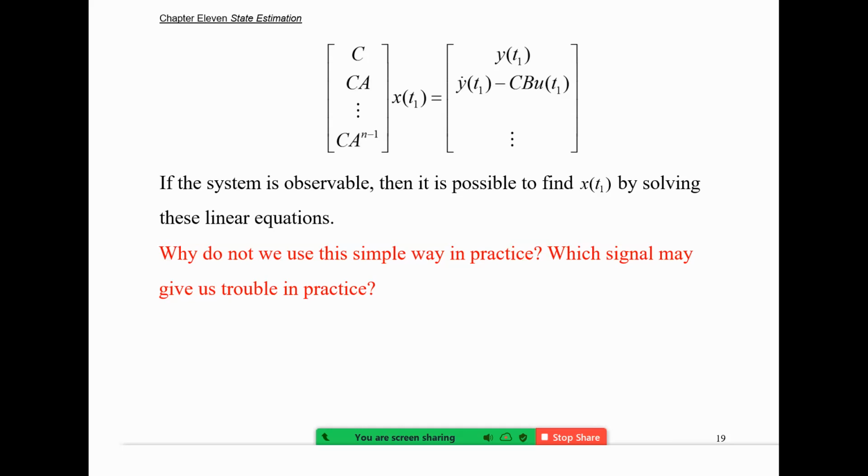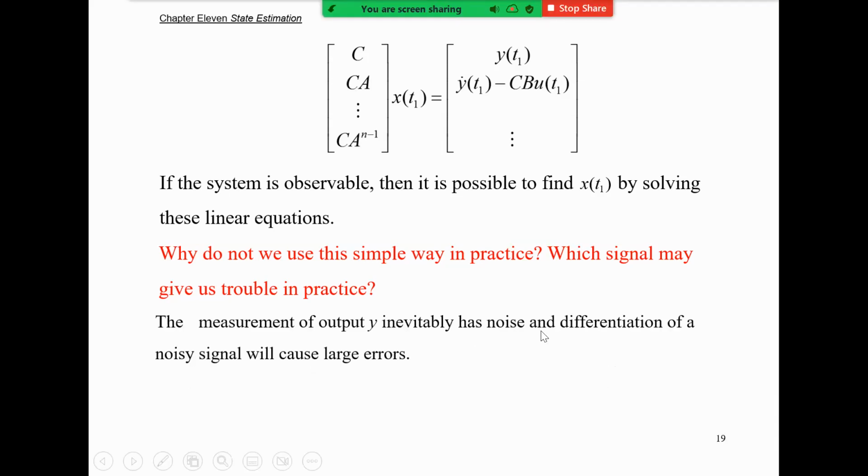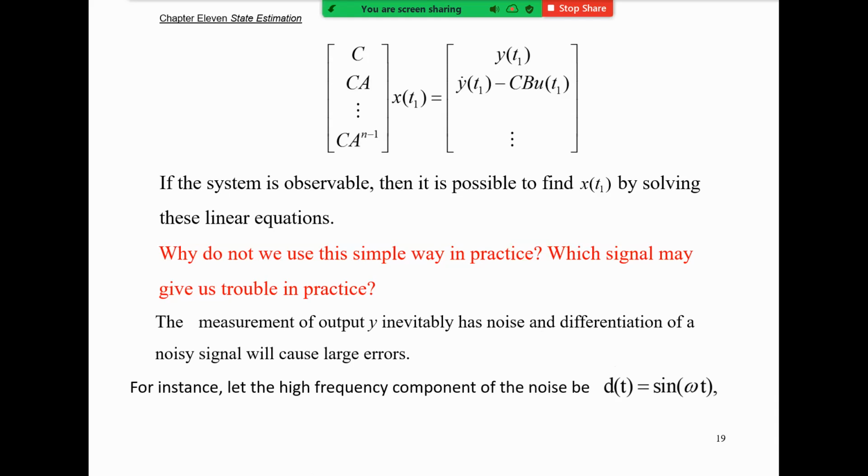It is always dangerous to differentiate a signal, because there is noise in the signal. The measured output invariably involves noise. I know the noise is normally a high frequency signal, okay? And what happens if you take a derivative of a high frequency signal?